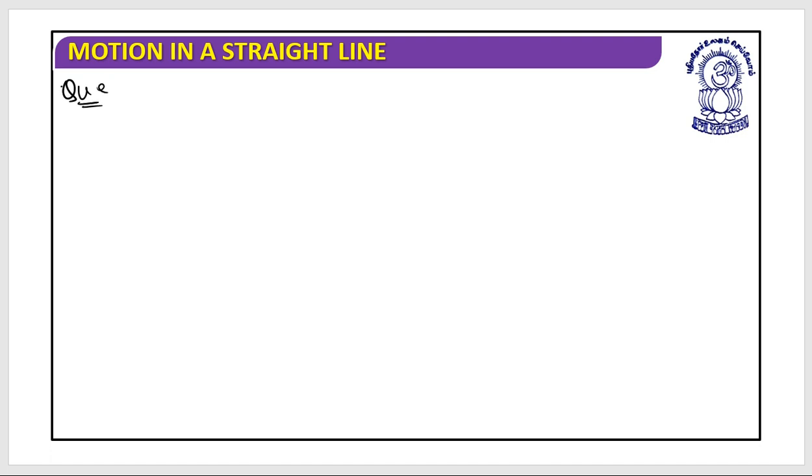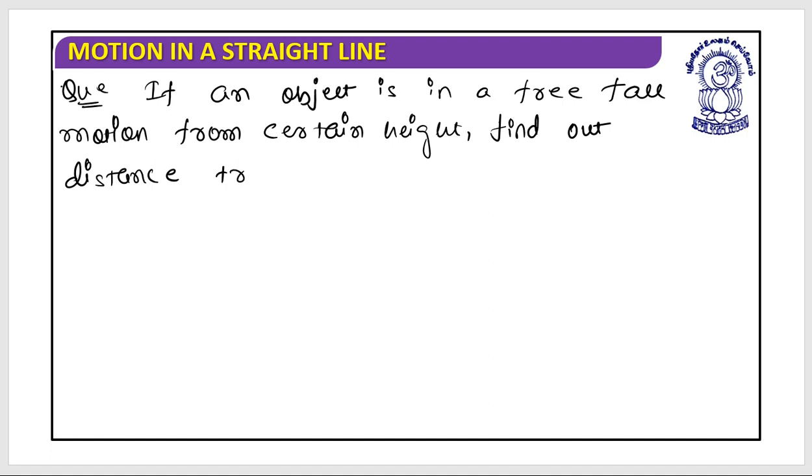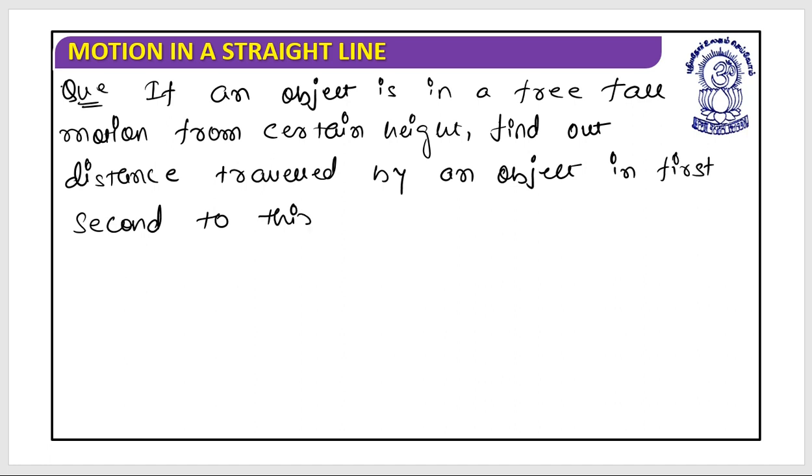Suppose the question is, if an object is in a free fall motion from a certain height, then find out the distance traveled by the object from the first second to the third second.